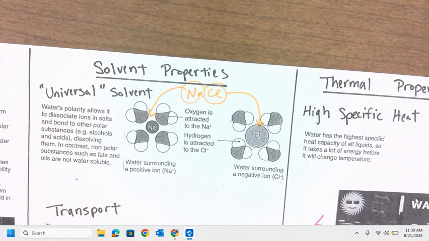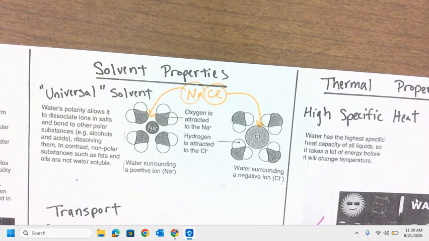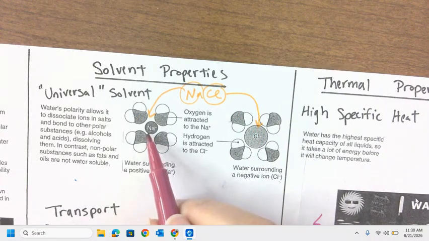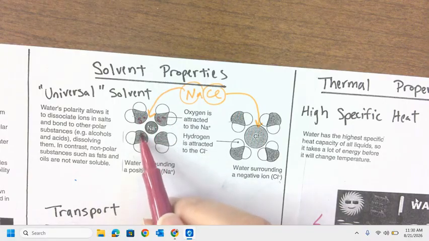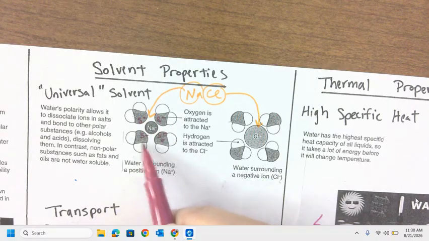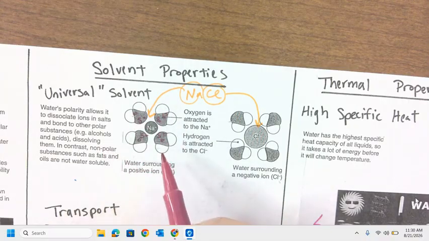And water is cool because water has a negative and a positive side, right? So for the sodium to be dissolved, the slightly negative oxygen side of the water molecule is close to the sodium to help sodium dissolve.